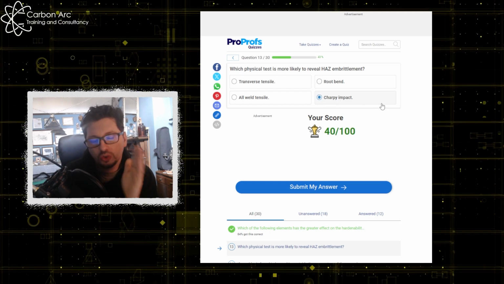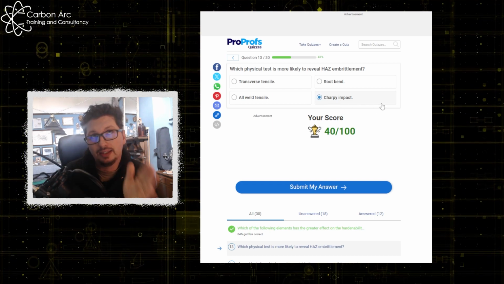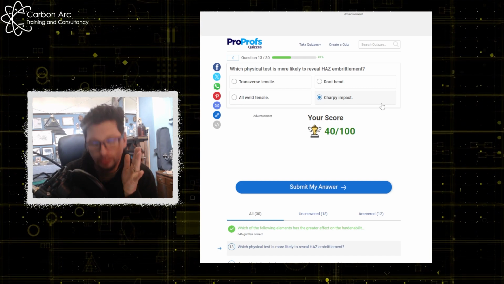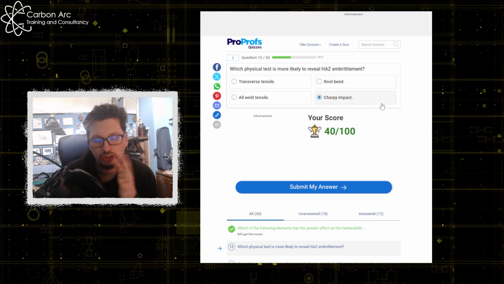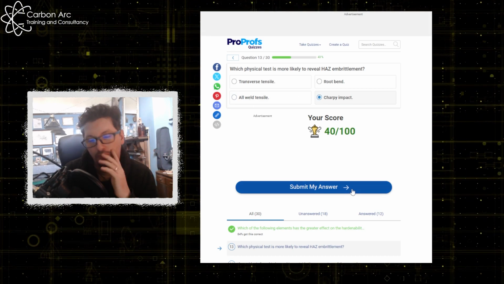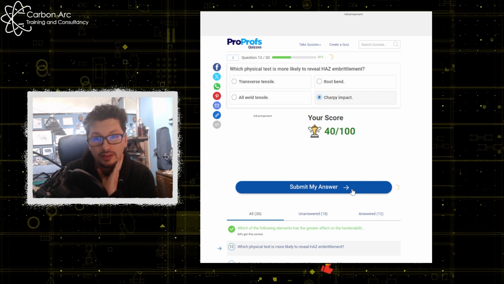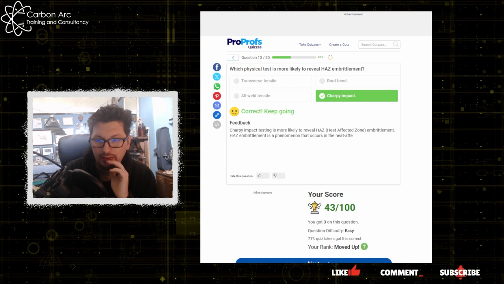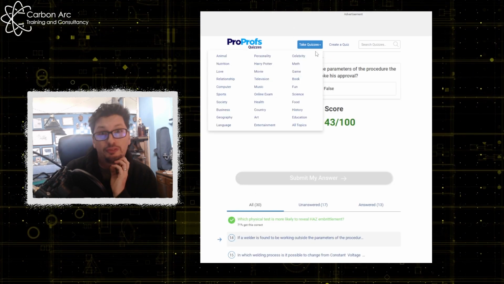Just because you're going to be testing in the heat affected zone. So you'd be able to guarantee you would see it or not see it in that area. Whether you have two, it would depend if it failed in that place. Okay, cool. Got that right. My logic's standing up for something at the very least.